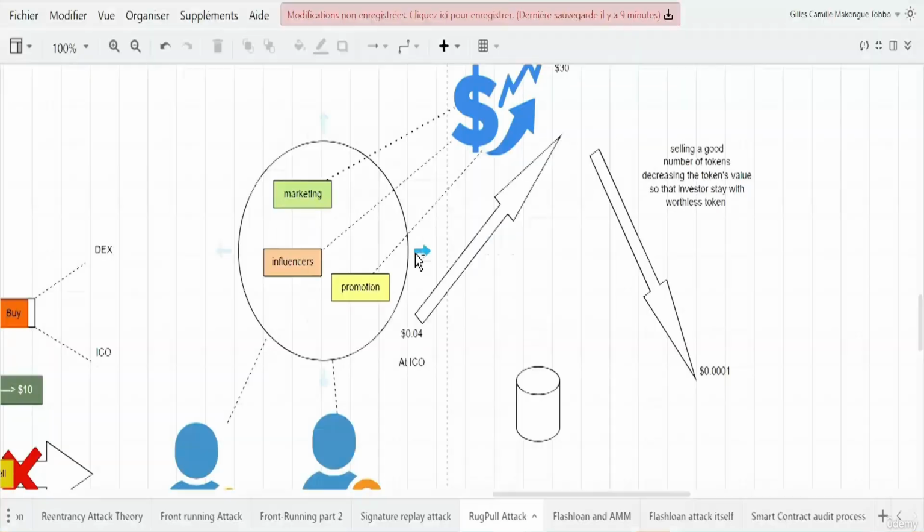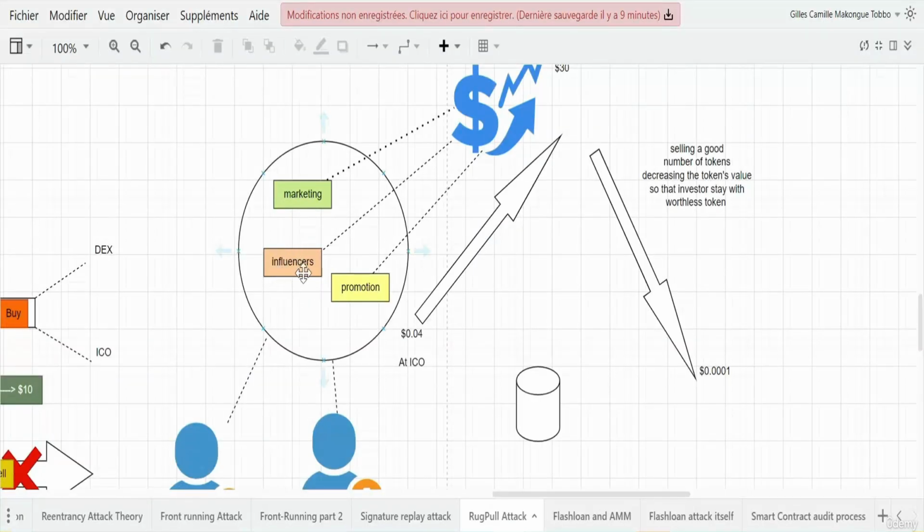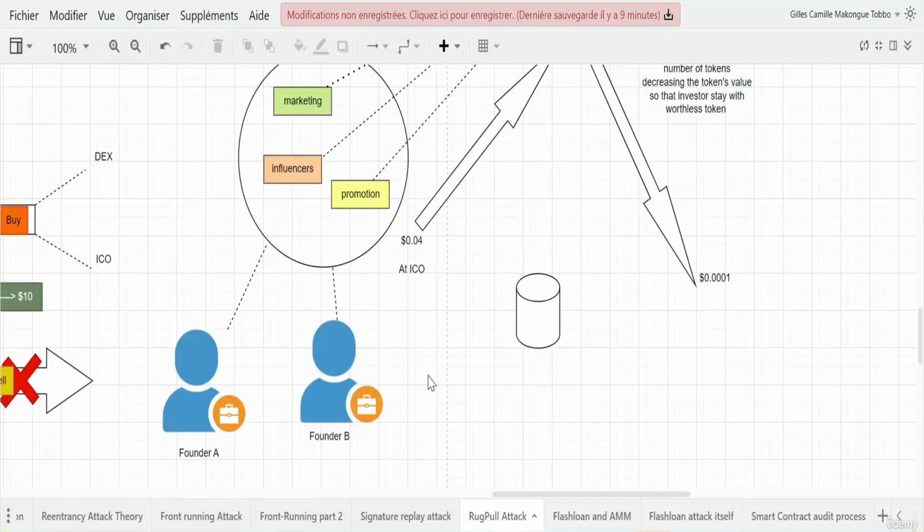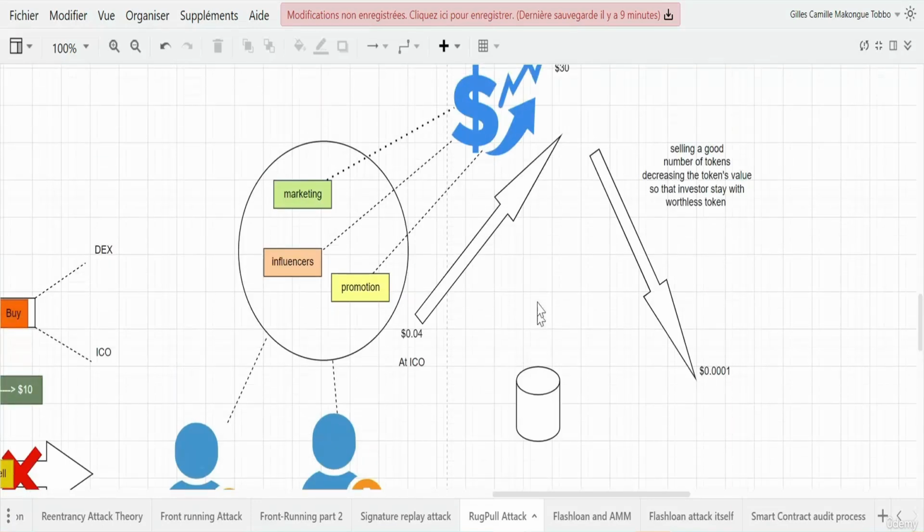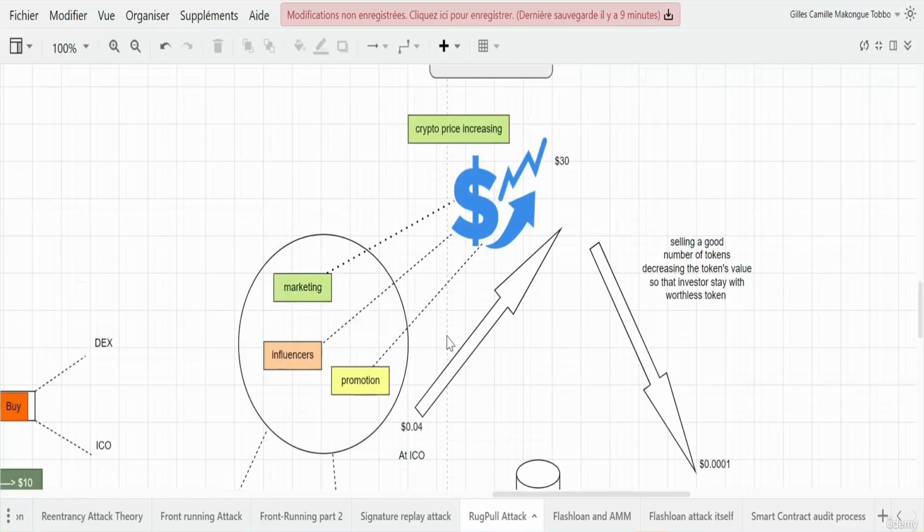They are going to take some influencers to talk about the project, and the result is that people are going to buy the project or the crypto, and then the price is going to go from 0.04 to $30. That's what we call a pump. They are going to pump it from 0 to $30.